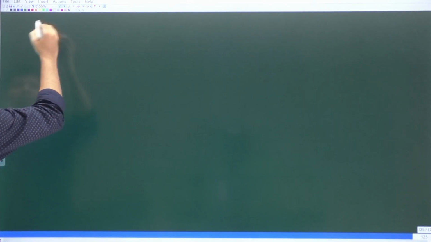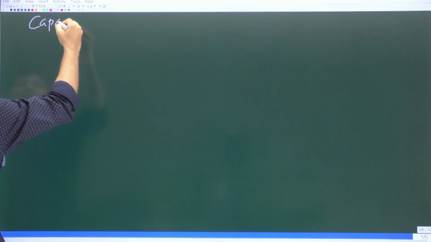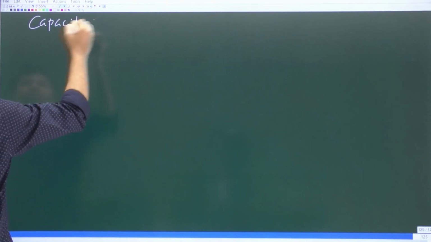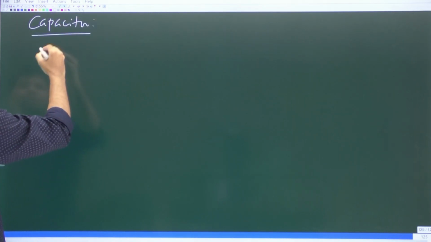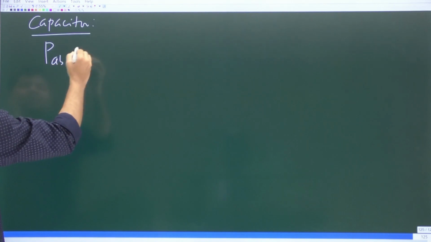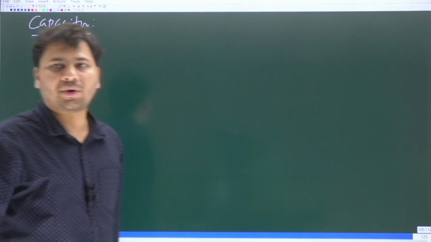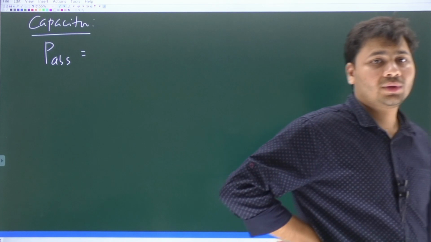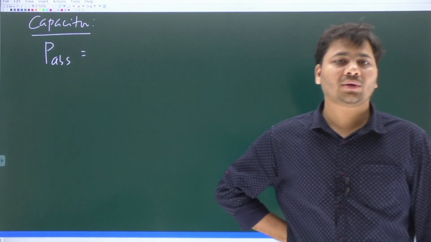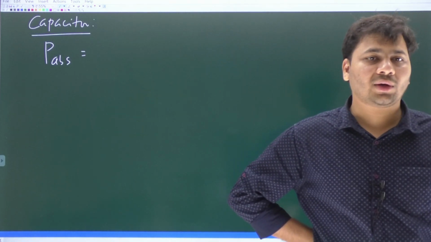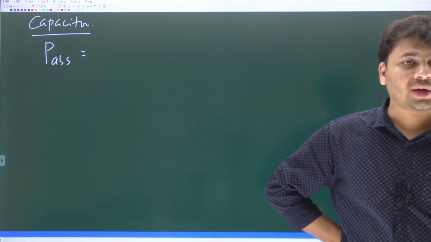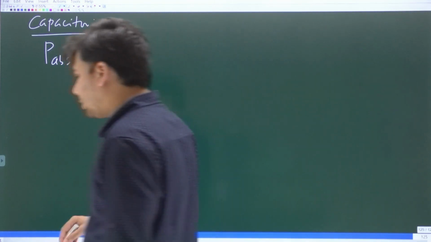In fact, for a capacitor, what is the expression for the instantaneous power absorbed? Let us go back to the expression for the instantaneous power absorbed by any two-terminal element.